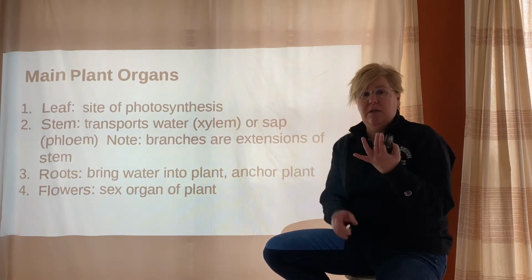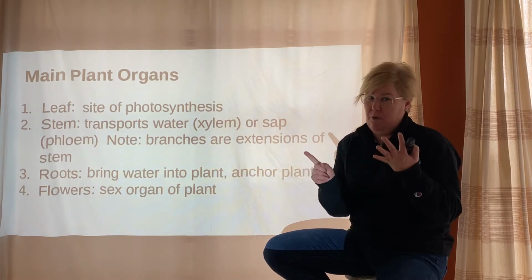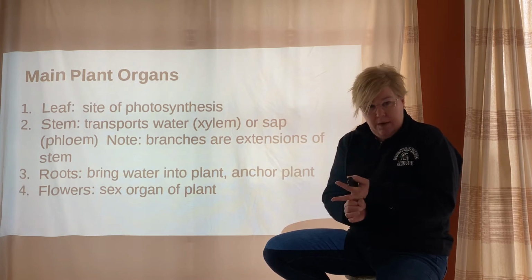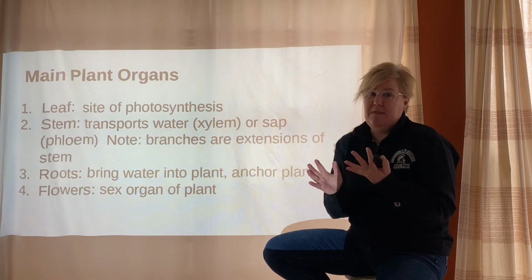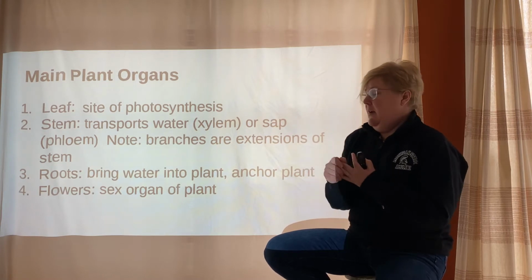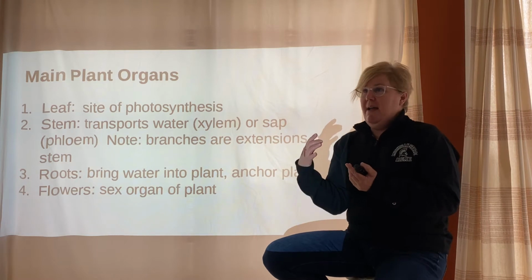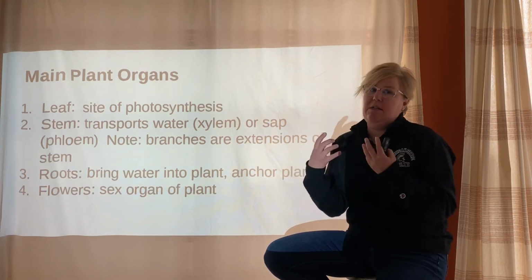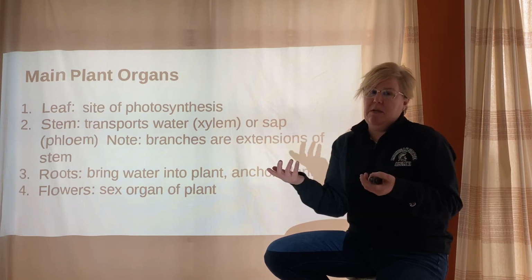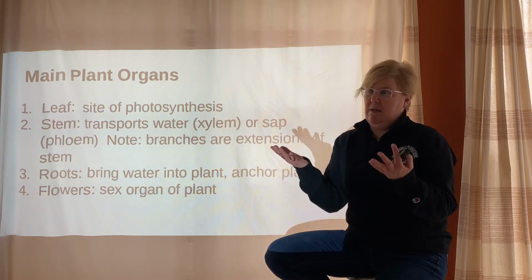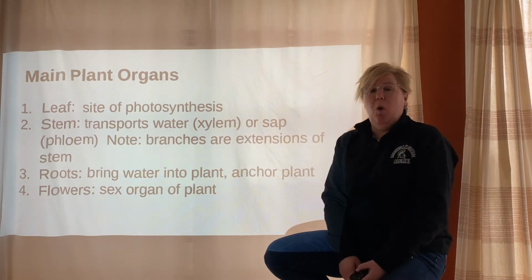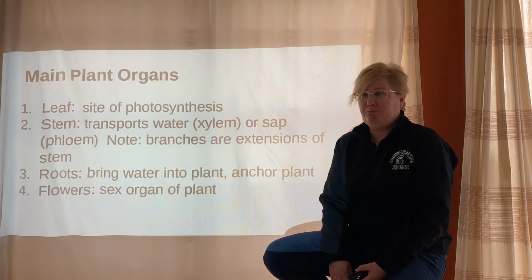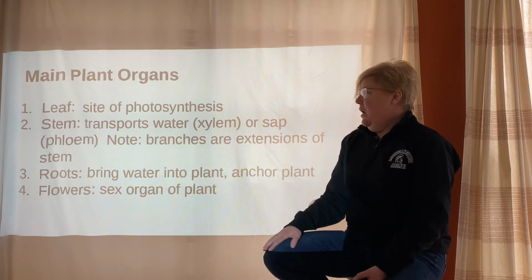Plants have 4 main organs: the leaf, which is the site of photosynthesis, pretty amazing. They have a stem. Trees, we call the stem a trunk, because it's woody. Annual plants have a stem too, but they don't get a woody trunk because they don't grow year after year. They grow all summer, they die, they leave seeds behind, and they grow again. The stem transports water from the soil up to the leaves, so photosynthesis can happen, and it also moves sap.